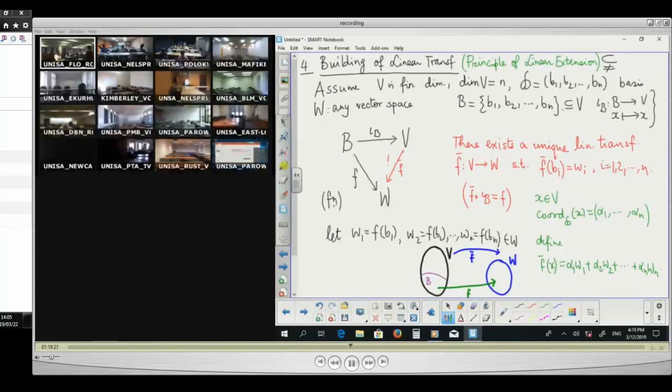No. So every subspace of a finite dimensional vector space is finite dimensional. And just now what we saw was that any n-dimensional vector space under coordinatization is isomorphic with Rn.